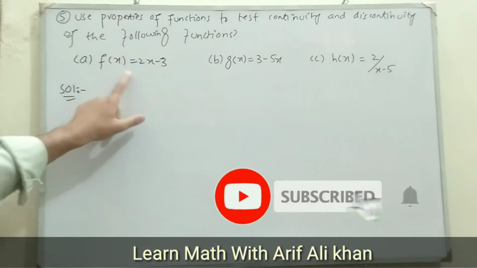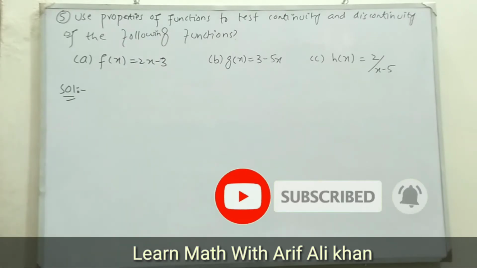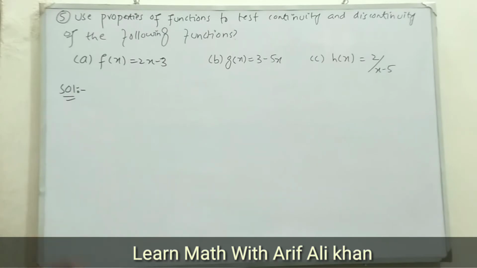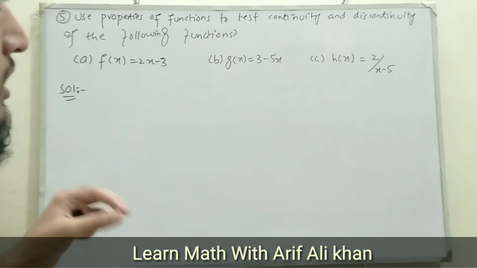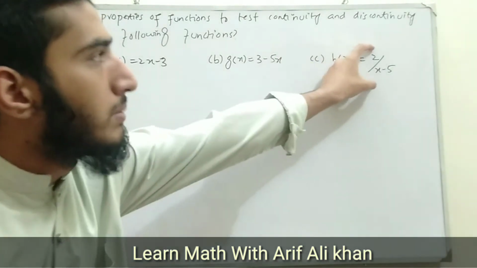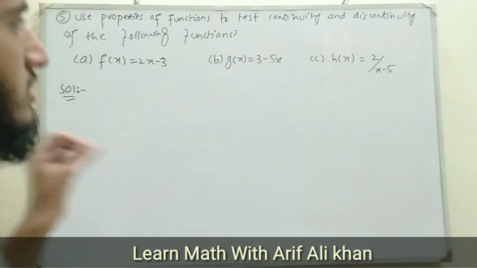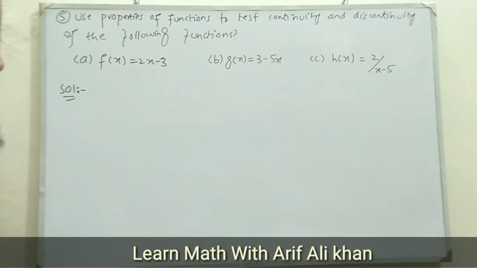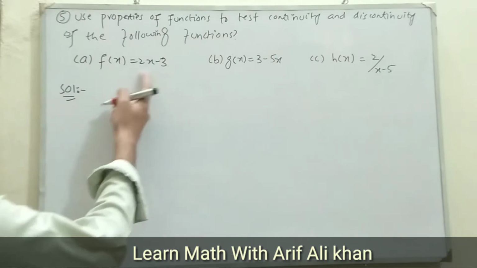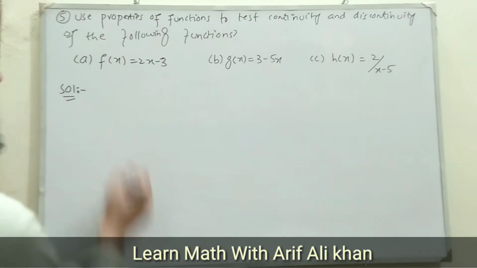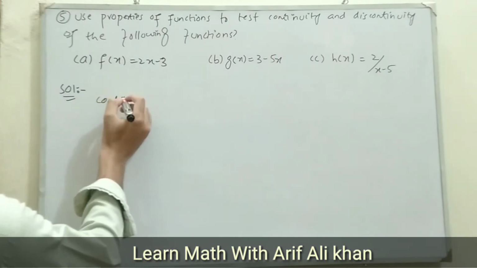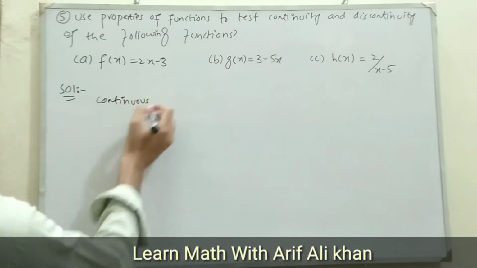Part A tells that f of x is equal to 2x minus 3. There is a trick to solve continuity and discontinuity. For discontinuity, it is necessary that the function is in fraction form. And for continuity, it is not necessary that the function is in fraction form. So it means that part A is a continuous function, not discontinuous.